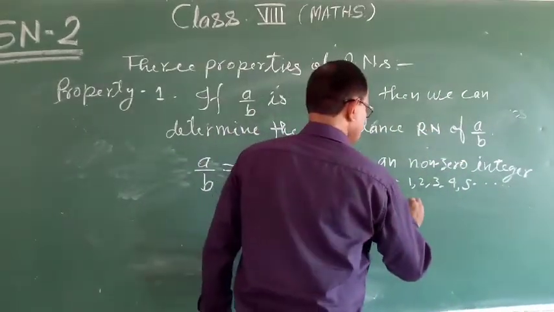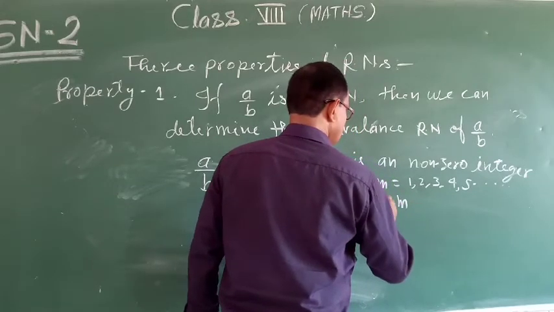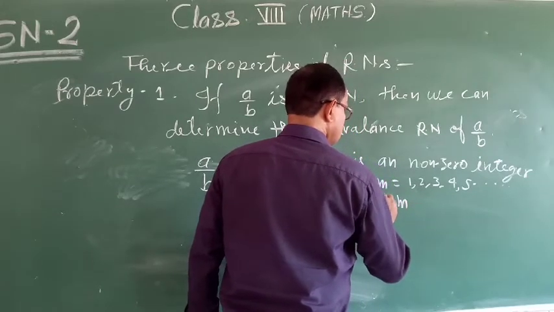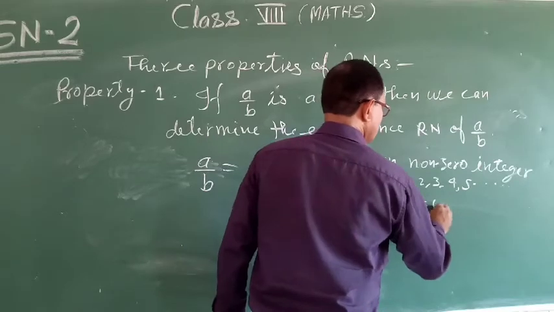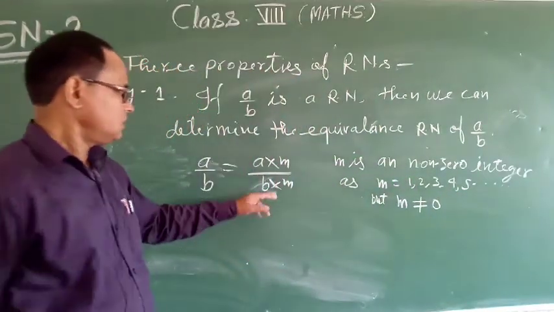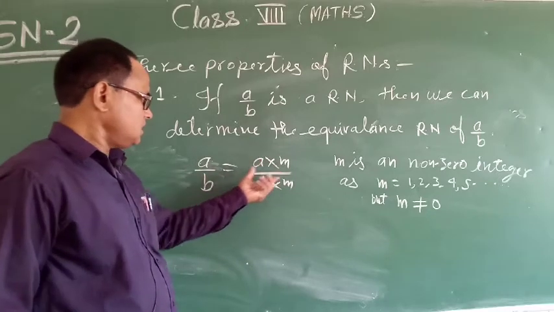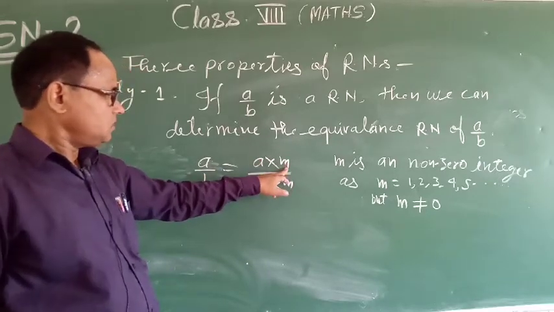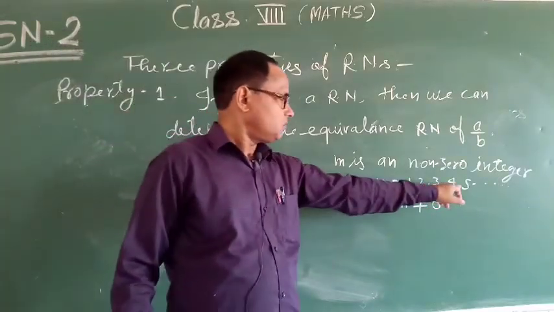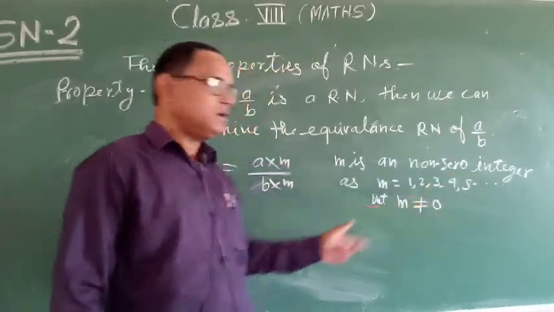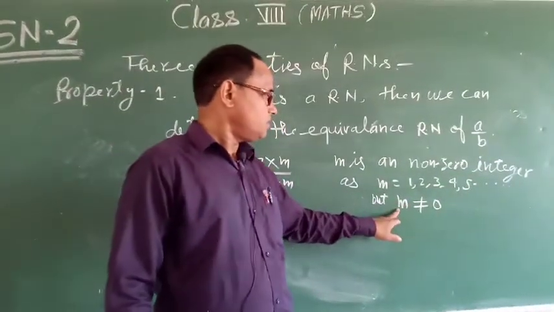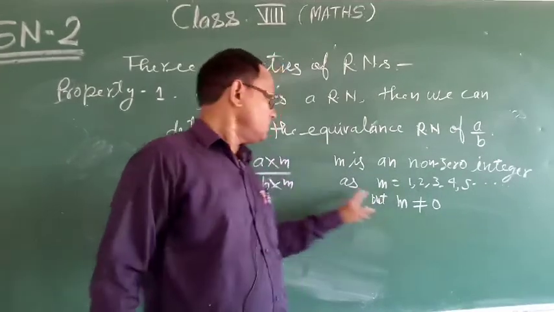But m not equal to 0. Okay, to determine the equivalence relation, put the value of m equal to 1, 2, 3, 4, 5 and so on, but the value of m is not equal to 0.